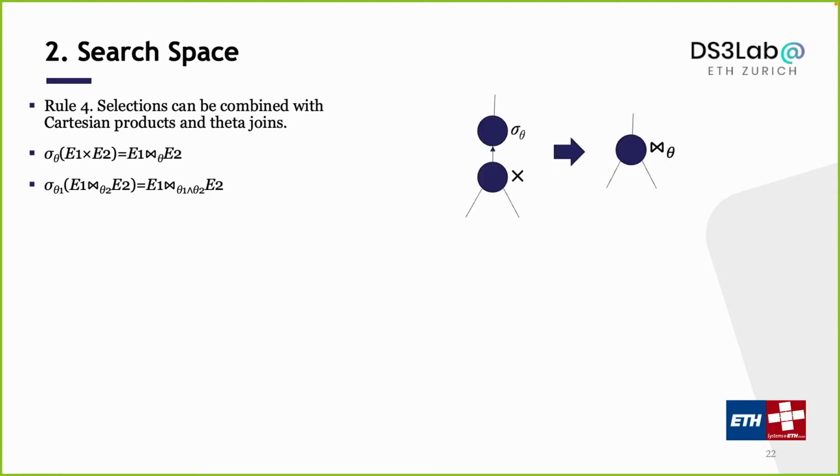So graphically it looks like this. If you have these two operators, one a cross product, another a join operator, and then you do a selection over the result of the join or cross product, you can actually push your selection operator into the join. This is something pretty natural.